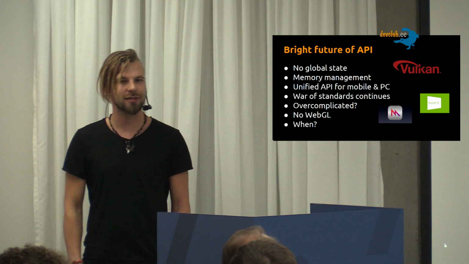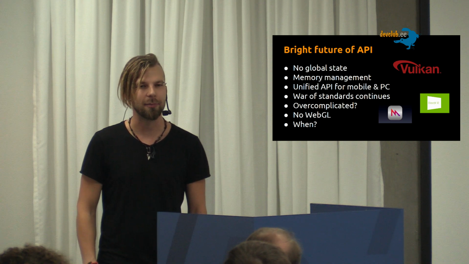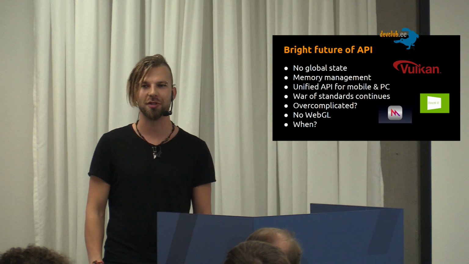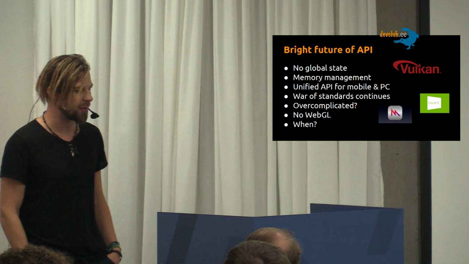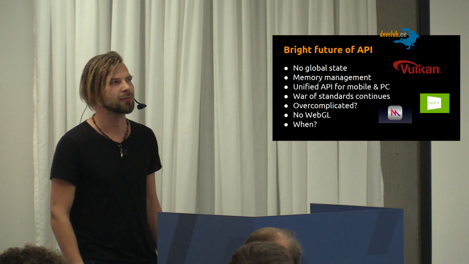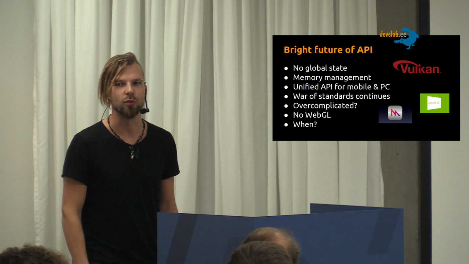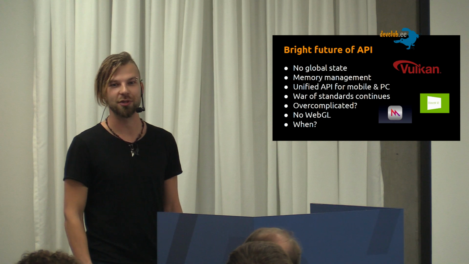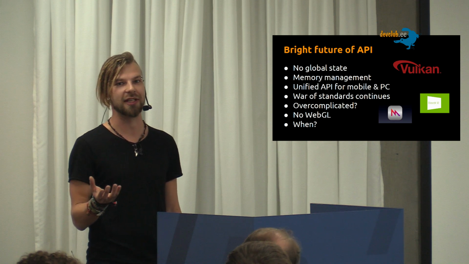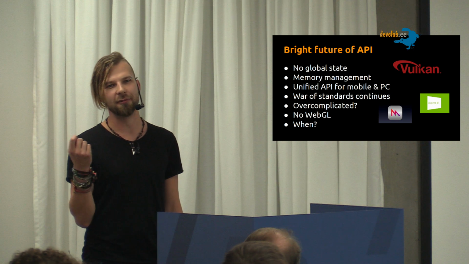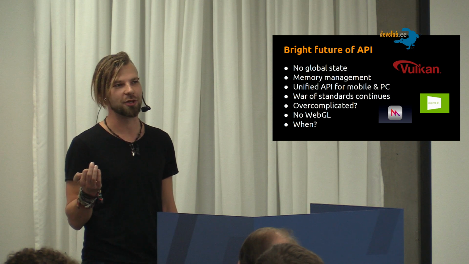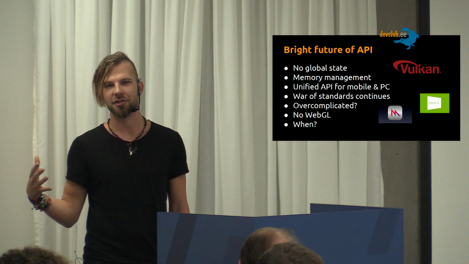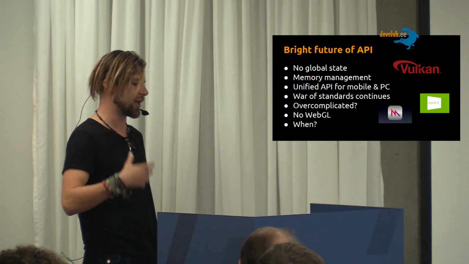Some people say that the new APIs are overcomplicated. It is much harder to write a program using a new API. But this is actually not so true. When you have a team of programmers who work on some graphically intensive application, only a small part of the team works directly with the graphics API, and all others use some wrappers written above it.